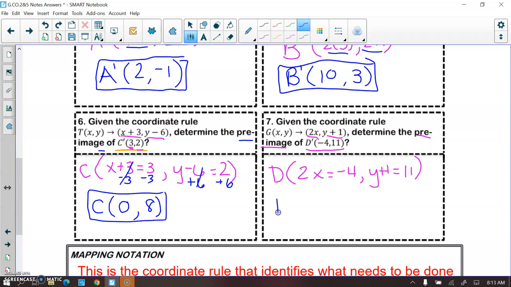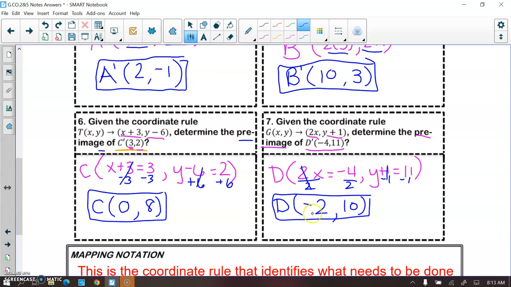And now solving for point D, I'm going to divide by 2 on both sides. My x value of point D is -4 divided by 2, which is -2. And subtracting 1 from both sides here, my y value of point D is 11 minus 1, which is 10. So (-2, 10) would be my pre-image point.